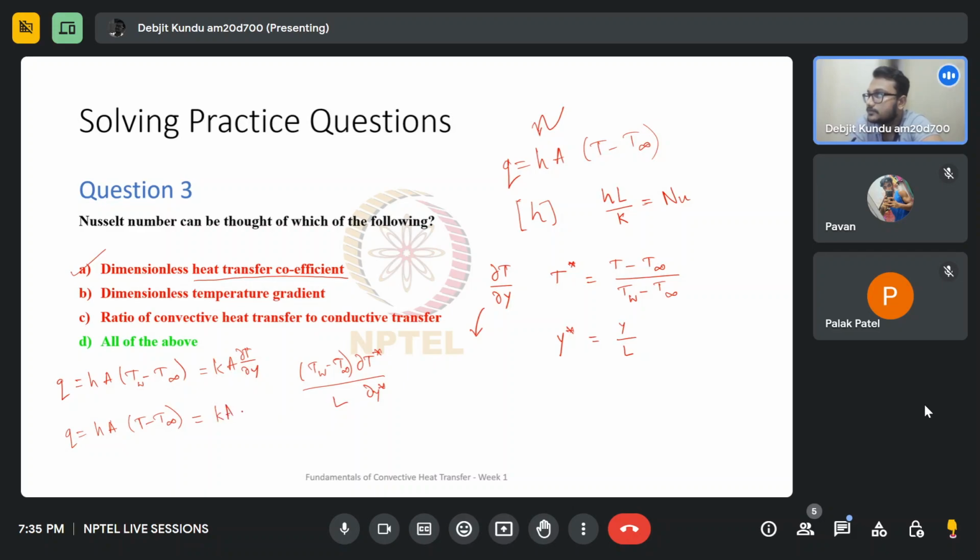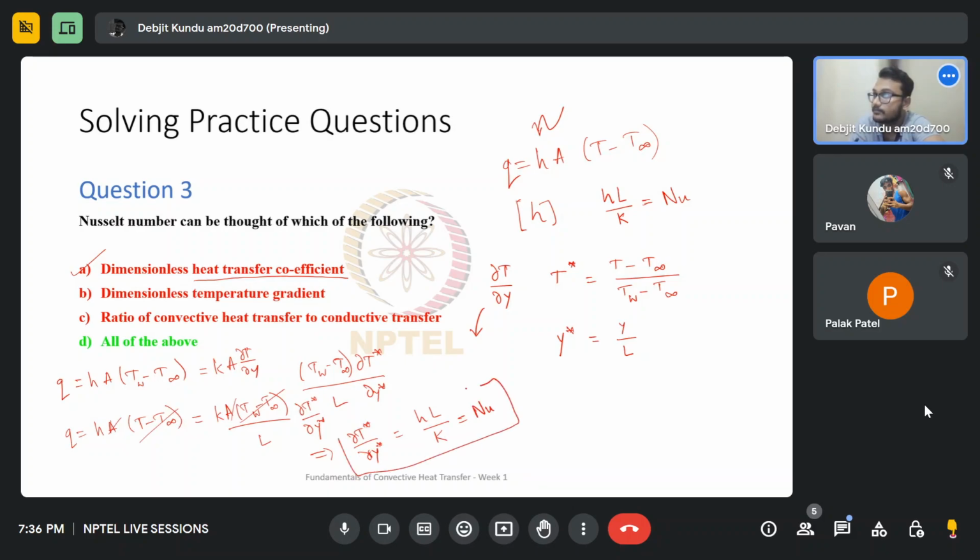So now if I write it down this way, so instead of dou T dou y, I'm writing it this way, divided by L into dou T star dou y star. As you can see, these two things cancel out, area cancels out, and finally we can write dou T star dou y star should be equal to hL by k, which is again the Nusselt number.